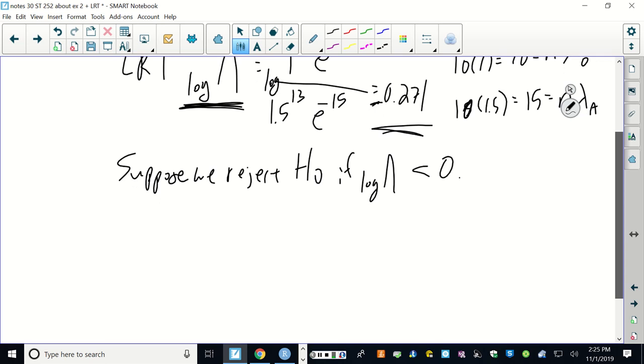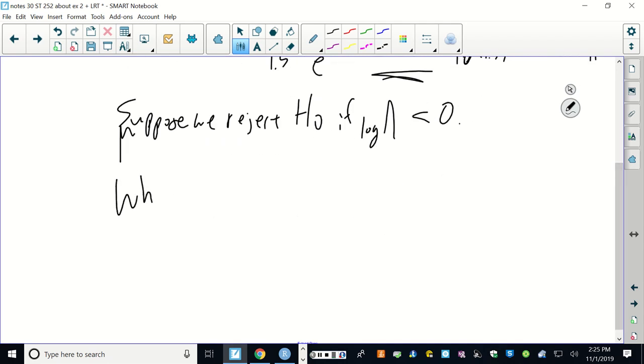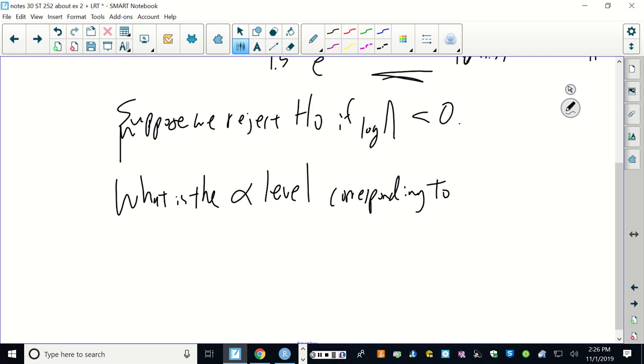What is the implied error rate? What's the implied alpha level? The log likelihood ratio is less than 0.